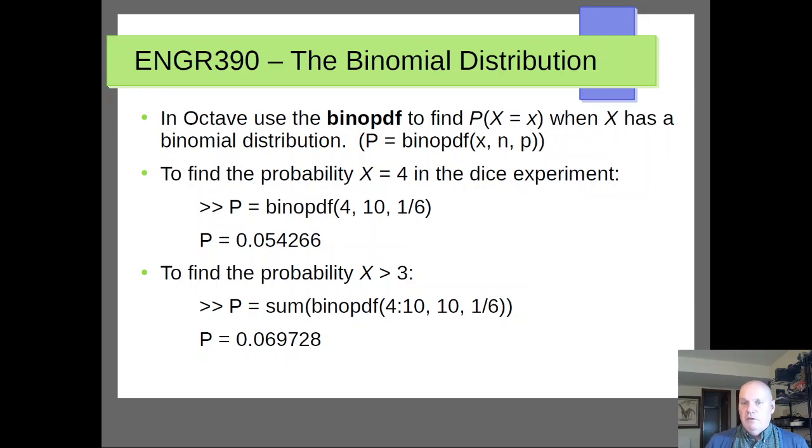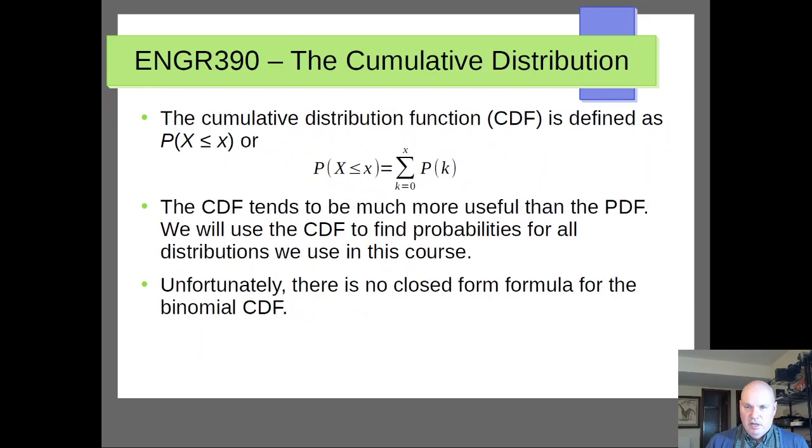So if we sum those, we'll get all those probabilities, the probability that x is equal to 4, 5, 6, 7, 8, 9, or 10. Of course, that is equal to the probability that x is greater than 3, and that turns out to be 0.069. So about 7 times out of 100, you're going to get more than 3 ones in this experiment.